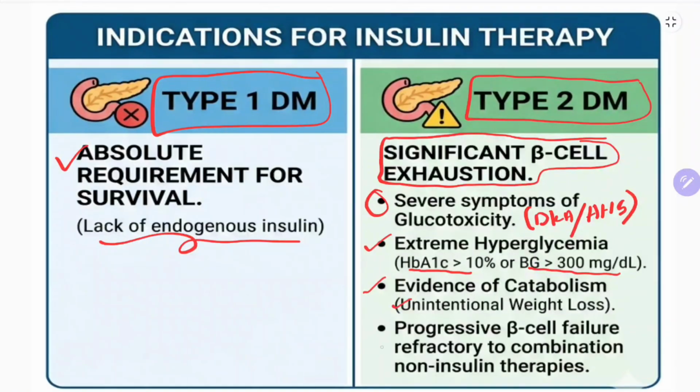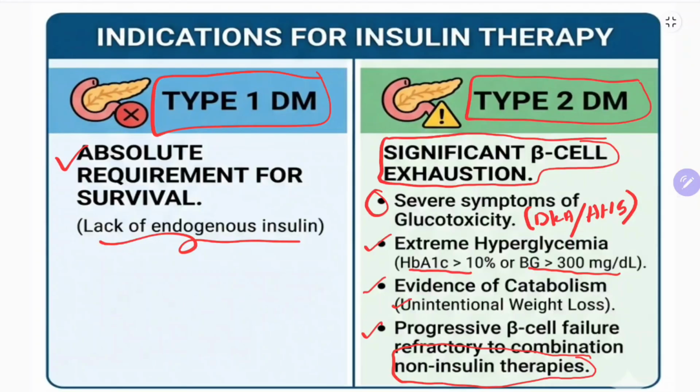If the patient has unintentional weight loss, then also insulin is indicated in patients with type 2 diabetes mellitus. The fourth indication is progressive beta cell failure refractory to a combination of non-insulin therapy. When pharmacological agents fail to meet the targets, then also you will start insulin therapy.